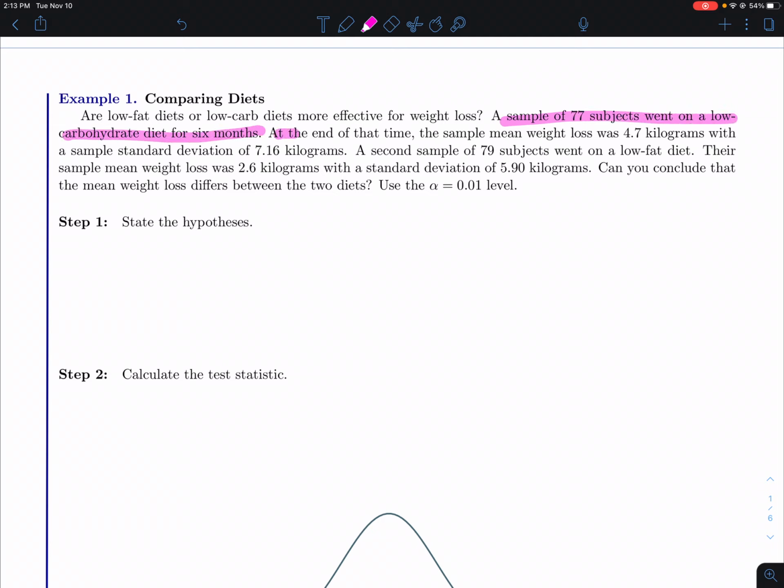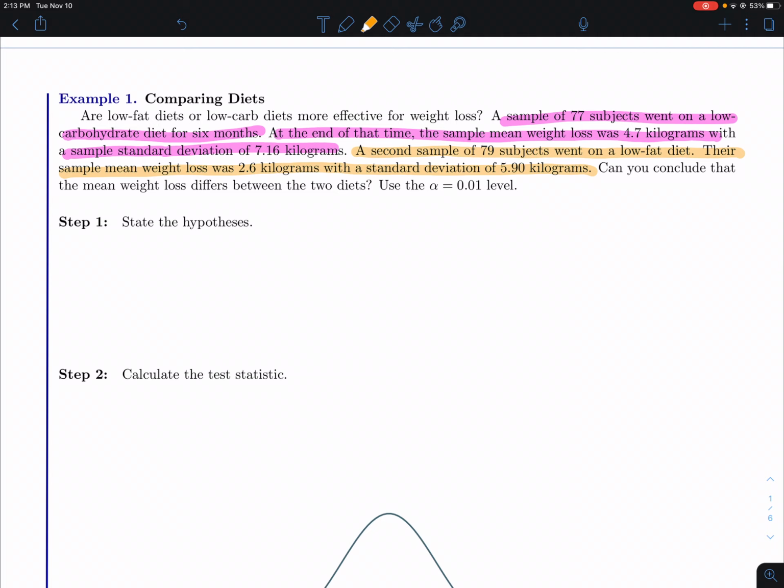At the end of that time, the sample mean weight loss was 4.7 kilograms with a sample standard deviation of 7.16 kilograms. A second sample of 79 subjects went on a low-fat diet. Their sample mean weight loss was 2.6 kilograms with a standard deviation of 5.9 kilograms.